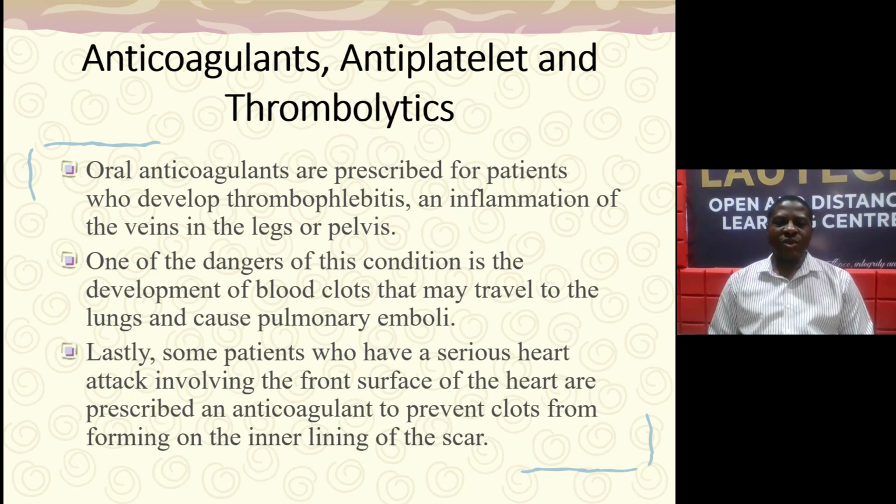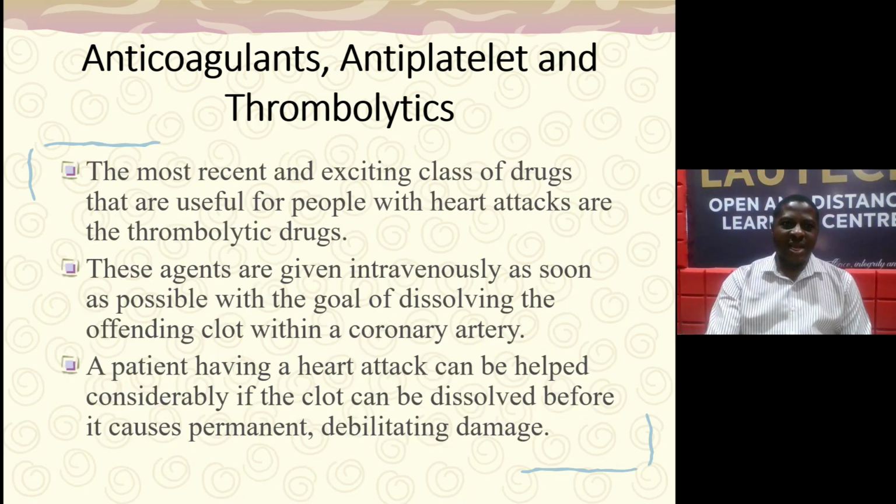Lastly, some patients who have a serious heart attack involving the front surface of the heart are prescribed an anticoagulant to prevent clots from forming on the inner lining of the scar. Now, the most recent and exciting class of drugs that are useful for people with heart attacks are the thrombolytic drugs.